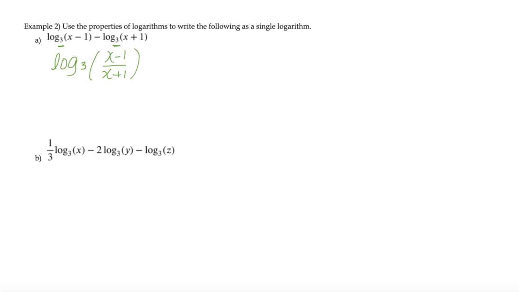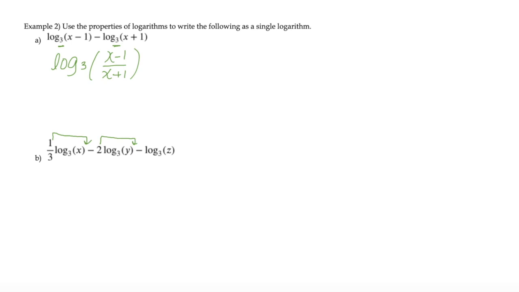Our second example, I have 1/3 log base 3 of x minus 2 log base 3 of y minus 3 log base 3 of z. So they're all in the same base. The first thing I'm going to do is undo these by bringing the exponents back up, because that's where we left off with each one.